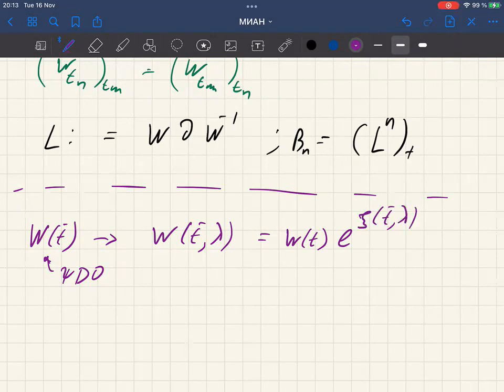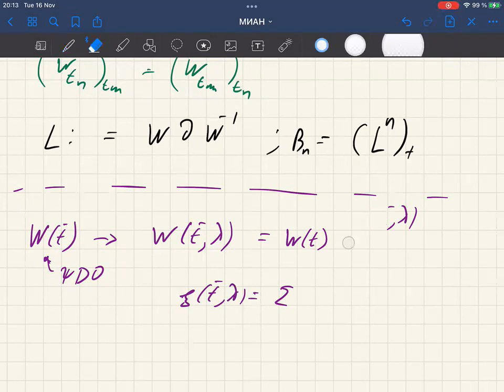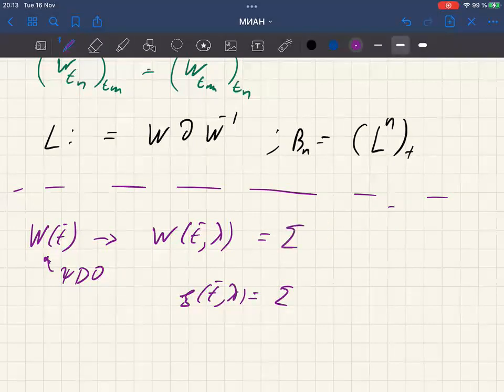Okay, now what is xi of t and lambda? It's just an infinite series. Just let me write it this way.